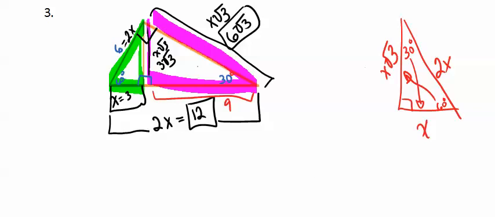In this case, 3 square root of 3 is opposite 30 degrees. So that would be x. And the leg would be x times square root of 3, which would give you 9, which is what we saw when we subtracted it.